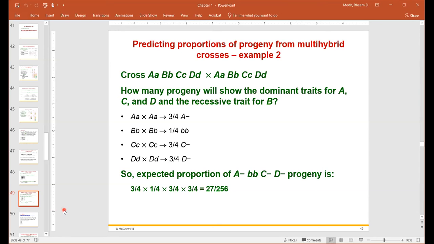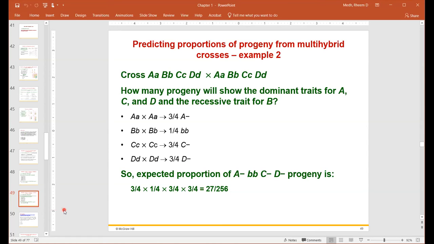So dominant for A is this, whatever I've put in blue. Recessive for B is this. Dominant for C is this. And dominant for D is this. Right? You can see all 4.